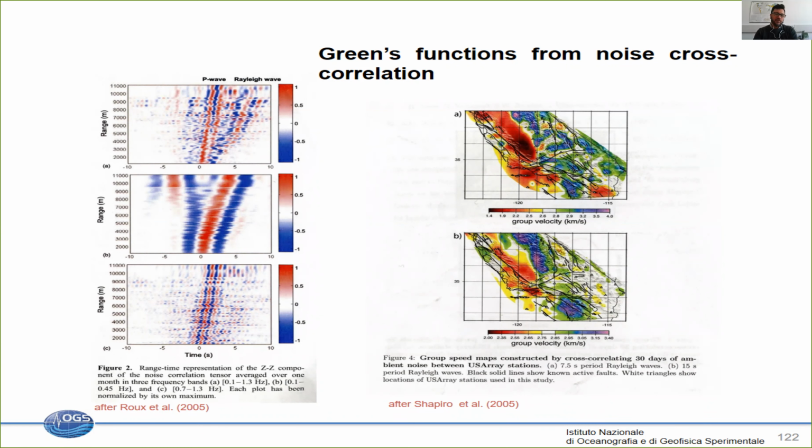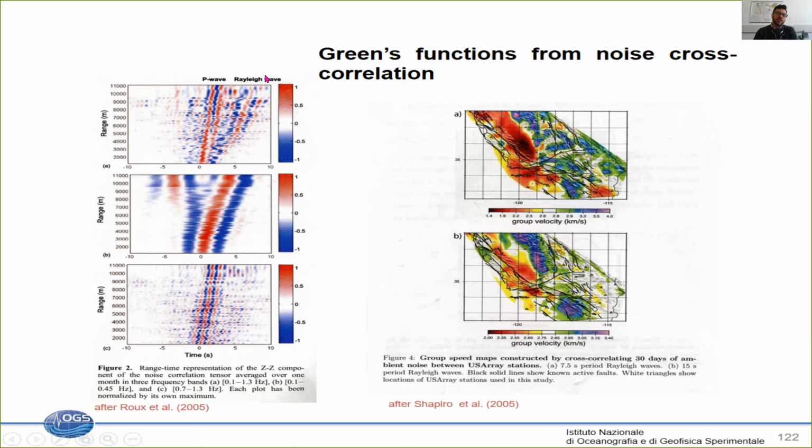And you see here that these are just some correlations of the ZZ component for different frequency bands. And you see that in some frequency bands, you can better recognize, for example, a P wave arrival, so the direct waves, and then later the surface waves. In this case, since we are talking about the vertical component, the Z component is mainly Rayleigh wave.